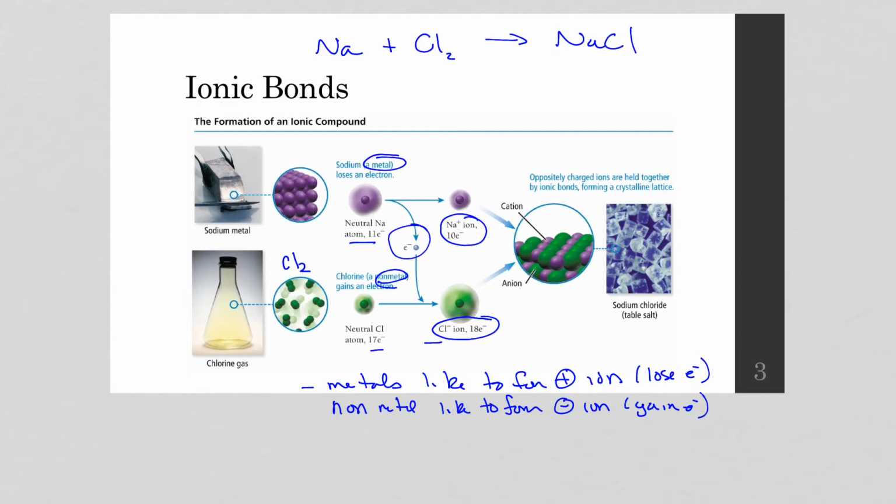So now we have these positive and negative ions that are attracted to each other, and they come together to form our sodium chloride, right?